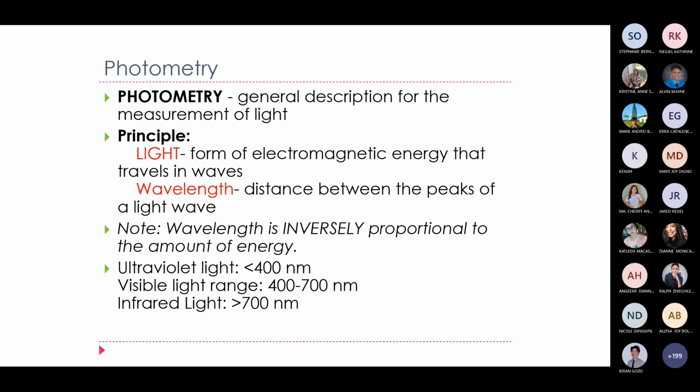Yung 4 kasi mukha siyang payong. Kasi 'di ba kapag against yung payong, syempre piniprevent yung UV light. So kaya natandaan ko siya. So less than 400 nanometers, so that is ultraviolet light. And then for more than 700 naman, infrared light.